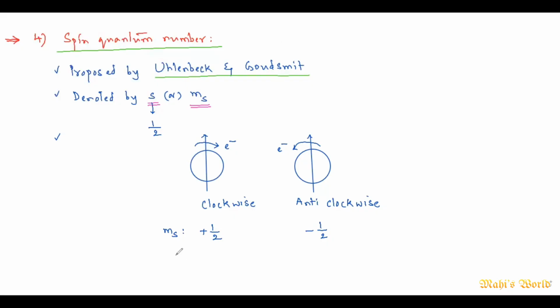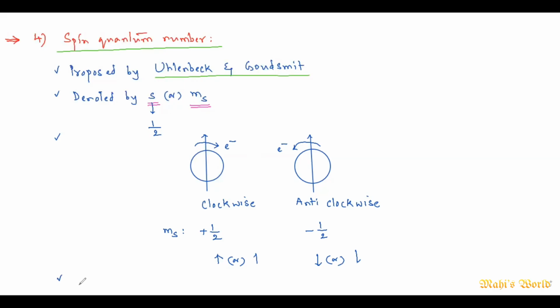In general, the clockwise spin is represented as this or this. A full-headed arrow pointing upwards or even a half-headed arrow pointing upwards is okay. In case of anti-clockwise, you can show it this way or this way. So this is what the spin quantum number tells us.